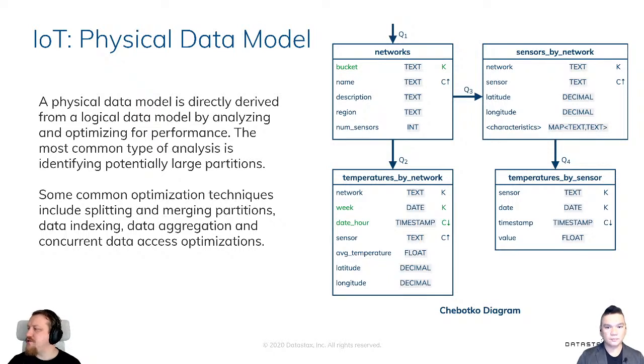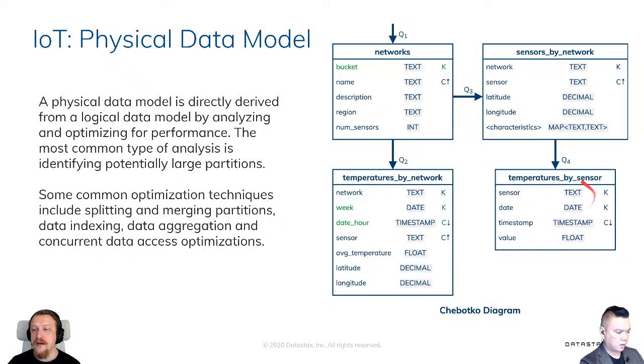I have a question to answer from Jagannath Billy. Why is there no link between sensor by network and temperature by network? Don't forget, those links are not based on relations anymore because it's a NoSQL database, not a relational database. The links you have here are the access patterns.